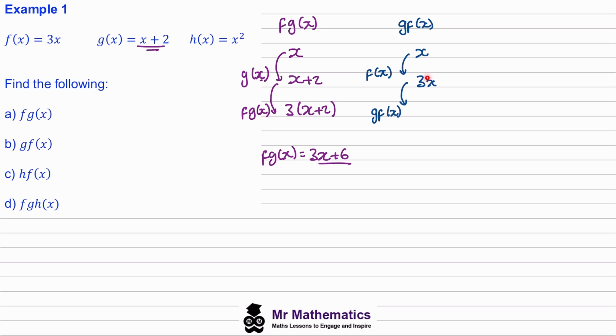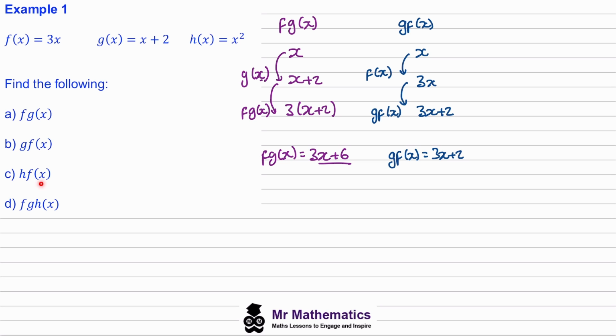So now we substitute this term into this x term. And this will give us 3x plus 2. So gf of x will be 3x plus 2. Notice how this differs from fg of x.